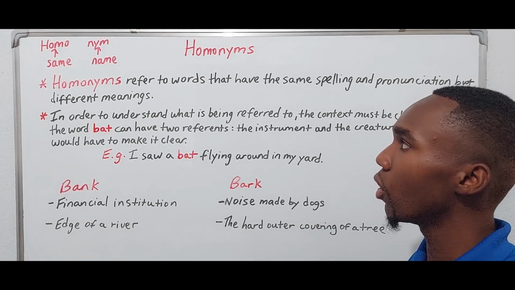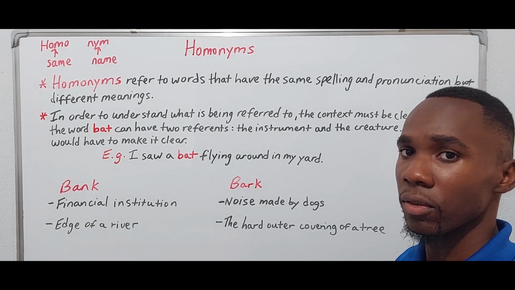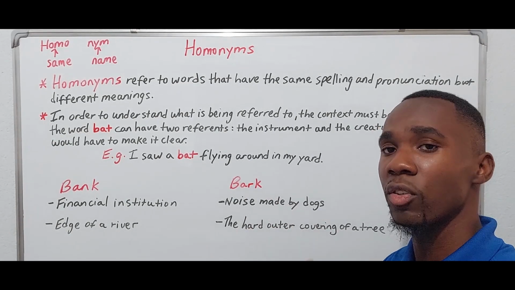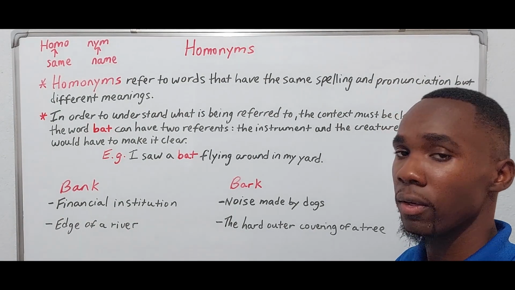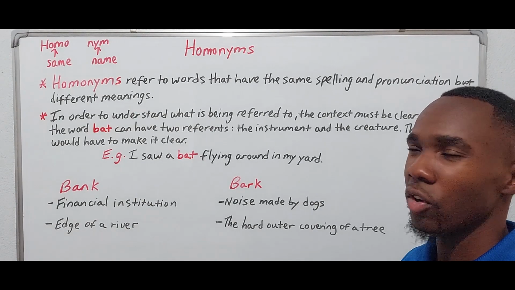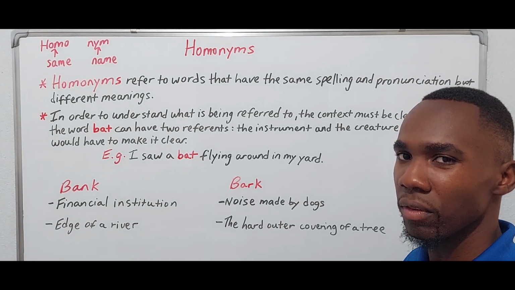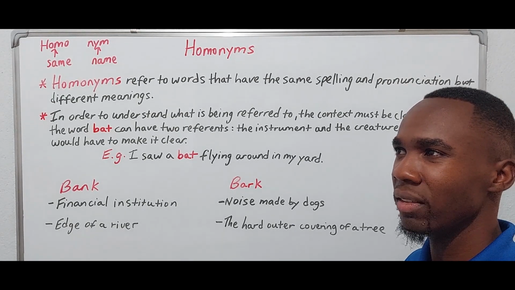So when it comes to homonyms, the context has to make it clear because homonyms are going to be words that have the same spelling and pronunciation but different meanings, right? So you could say that this is the easiest of the three because it's only a matter of knowing.